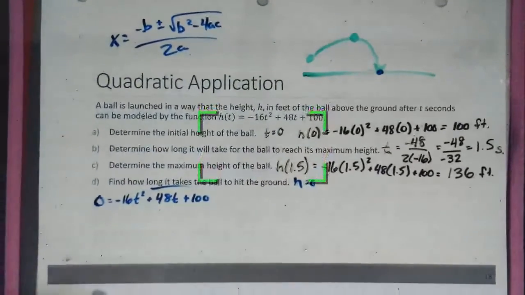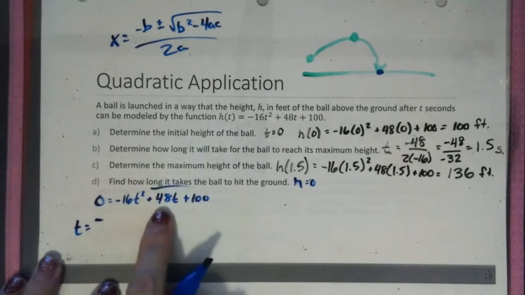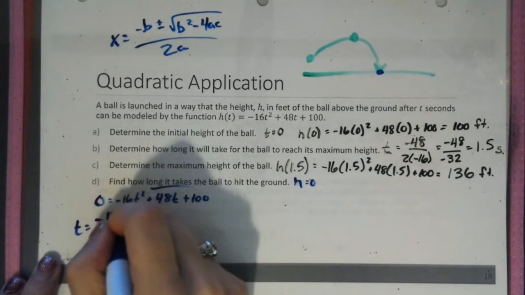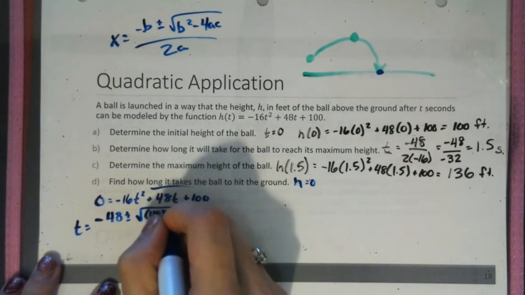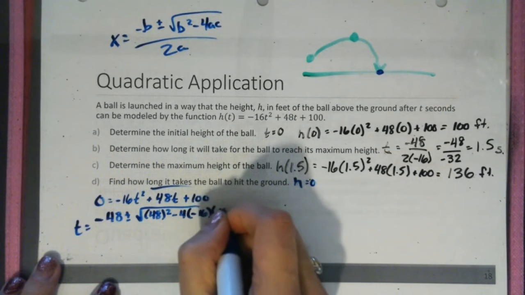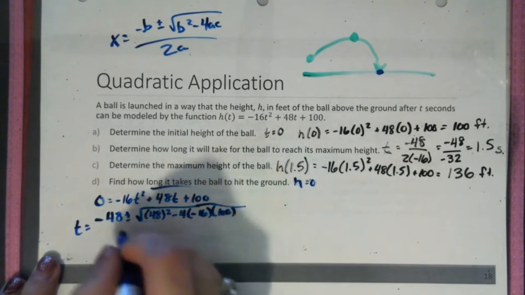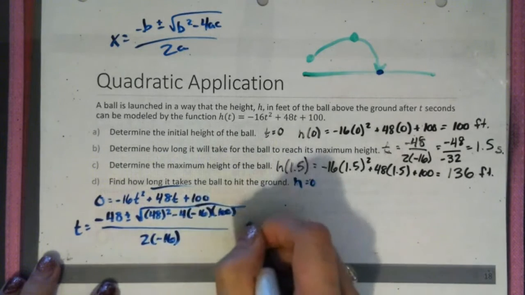So in this case, instead of x, I have t. So I get t equals negative 48 plus or minus the square root of 48 squared minus 4 times negative 16 times 100, all over 2 times negative 16.